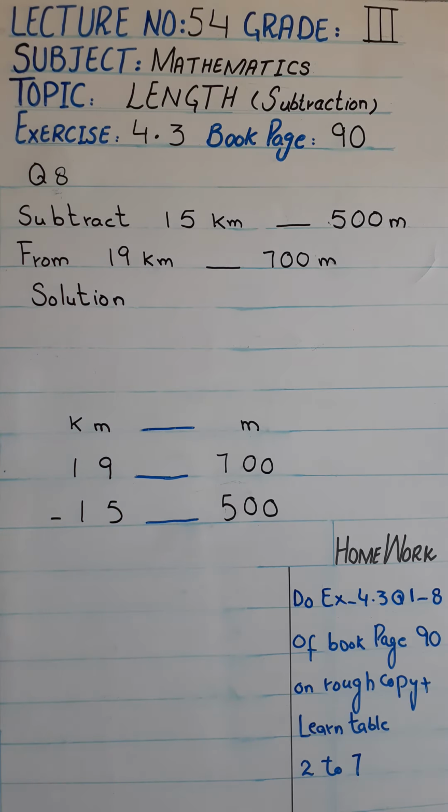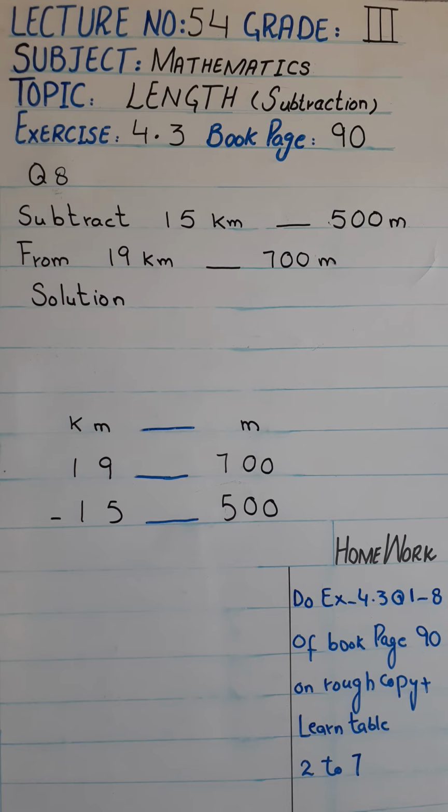This is the given question: subtract 15 kilometer, 500 meter from 19 kilometer, 700 meter. When the question is given in horizontal order and you solve it, you arrange it in vertical order.